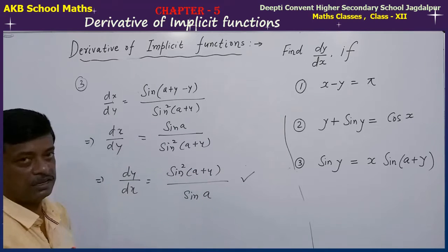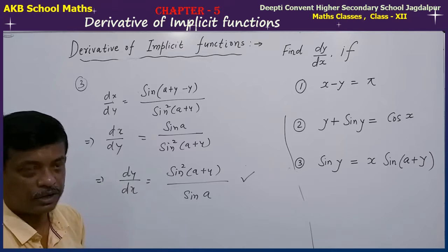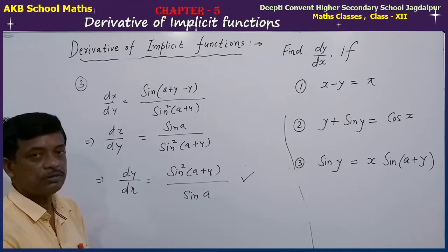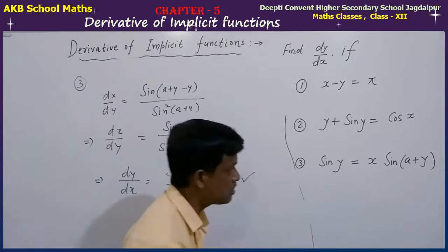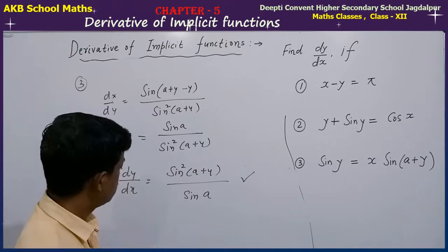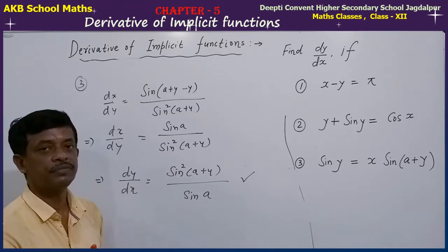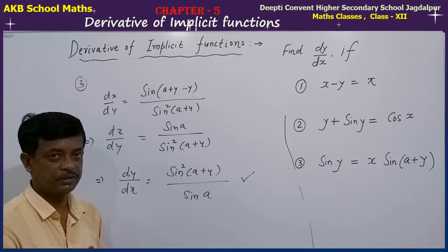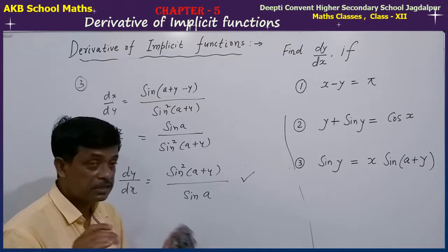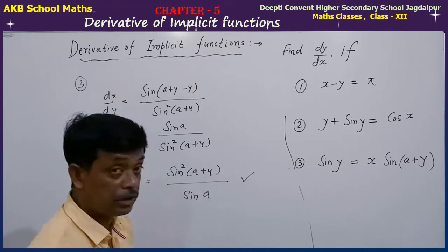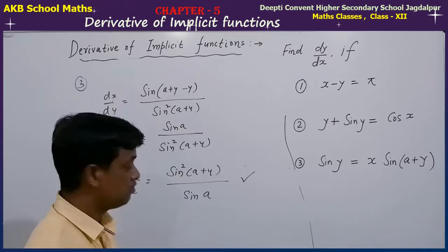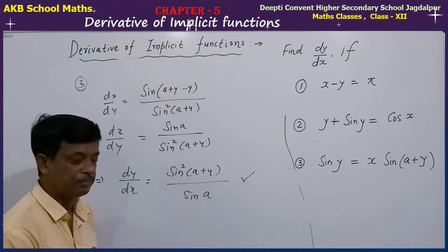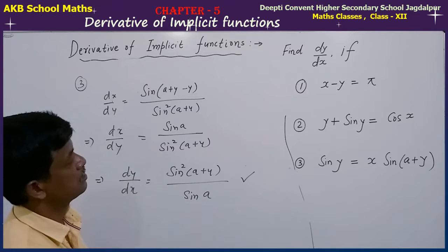So this is the answer. You can also directly differentiate both sides, collect dy by dx, and get the derivative. If the answer is not the same, then you can convert it using trigonometry.